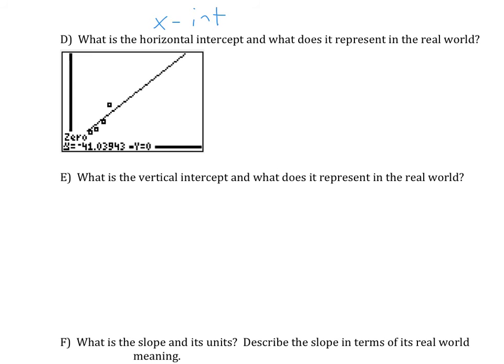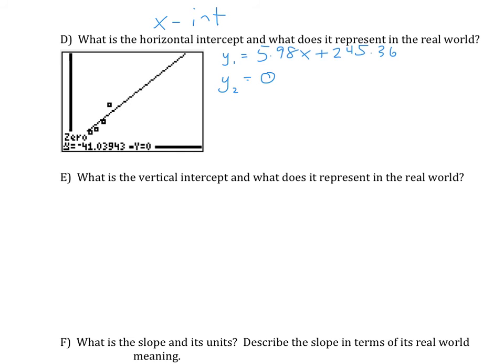One is letting y1 be equal to our equation, 5.98x plus 245.36, and then we would let y2 equal 0, because we want to know what's x when y equals 0.